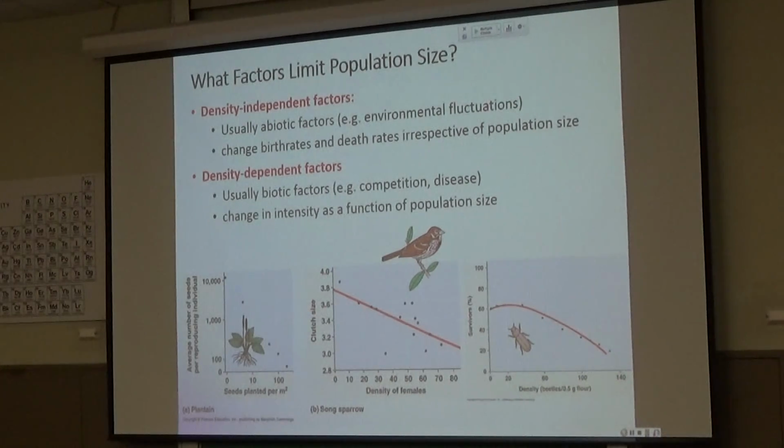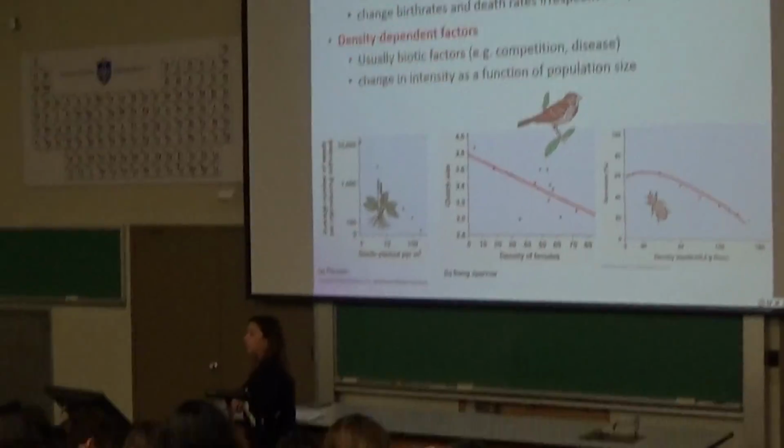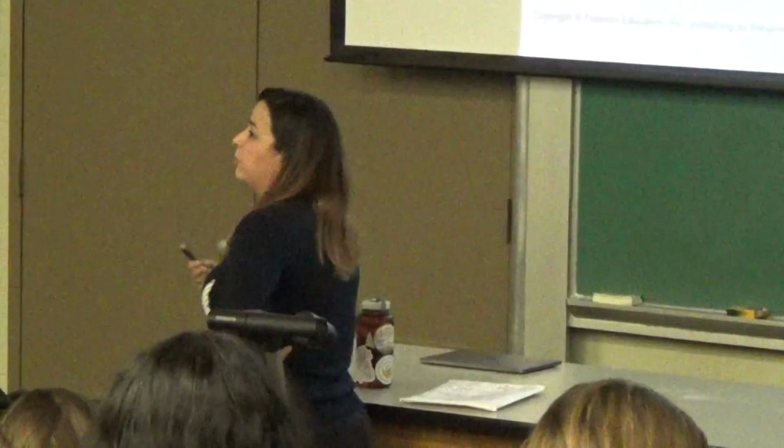With density-dependent factors, we are looking at factors that cause mortality or reduce birth rates that are related to biotic interactions. Outbreaks of diseases or pathogens that involve interactions between hosts are density-dependent factors.